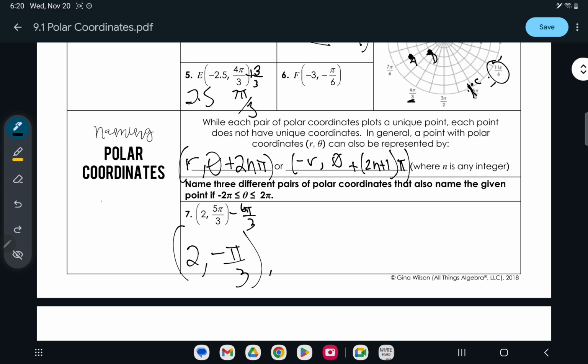So actually, if I think about where this original point is, I think that's going to help me better. So 5 pi over 3 is here, and going out 2 would be here. So another point I could have is if I were over here, but going the negative direction. So the angle that would be over there is 2 pi over 3. So negative 2 and 2 pi over 3.